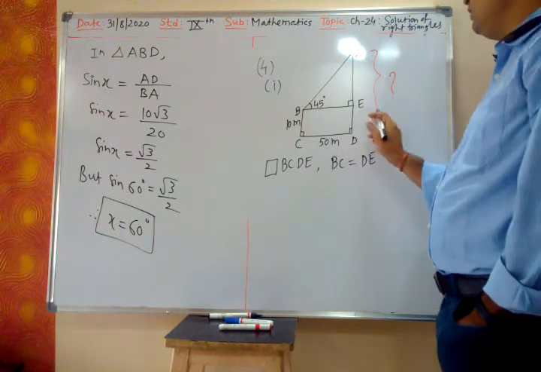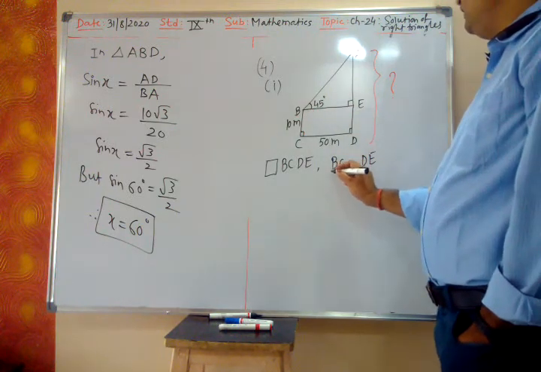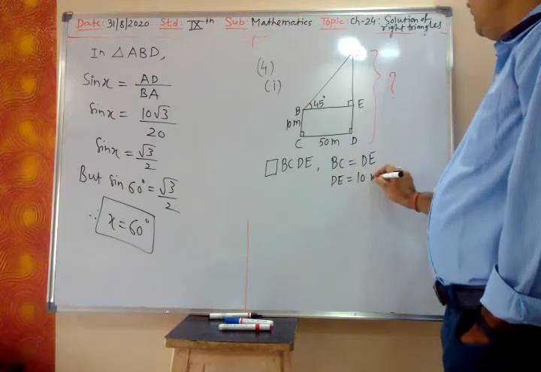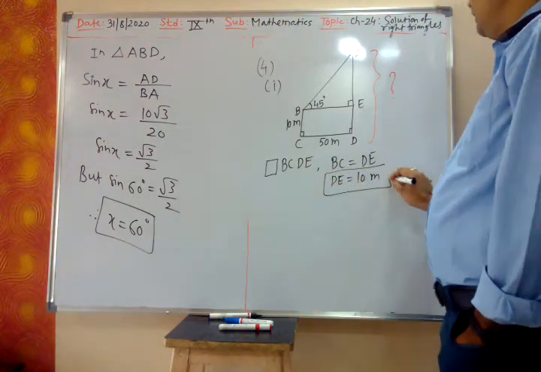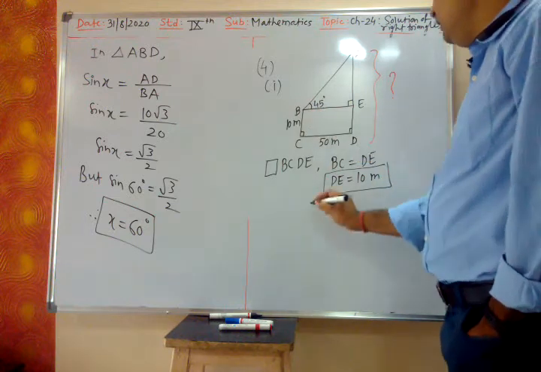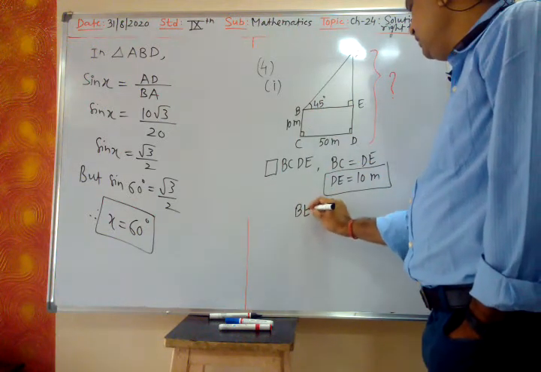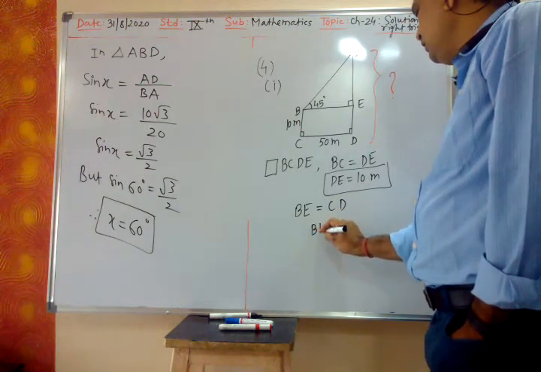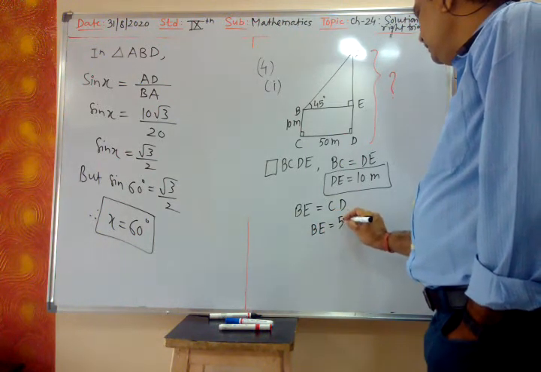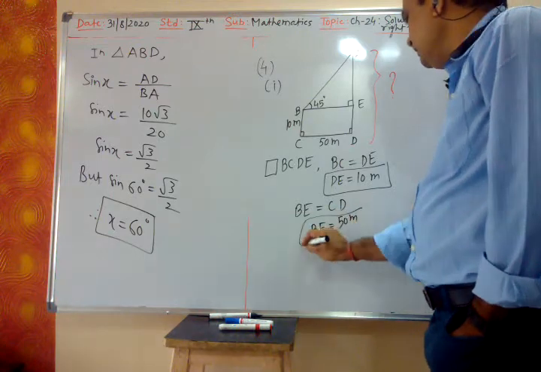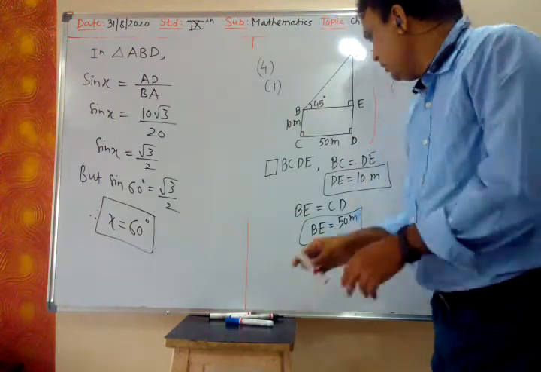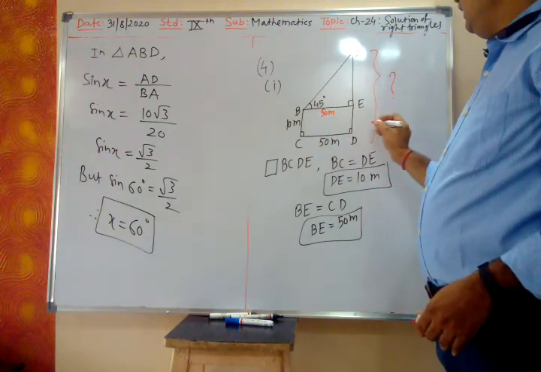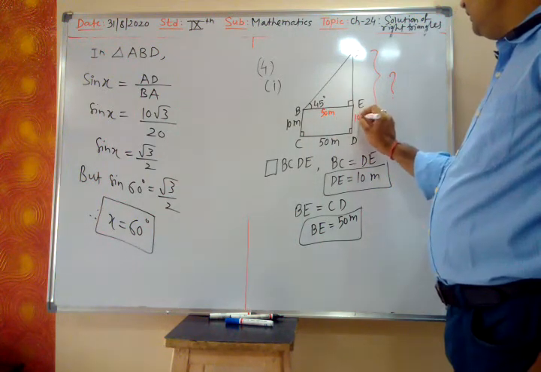So BC is 10 meter, so DE will be 10 meter. Similarly, BE is equal to CD. So BE is equal to 50 meter. So now we are given BE as 50 meter, and this is my 10 meter.